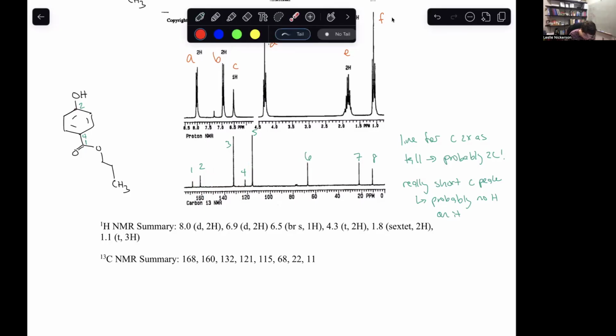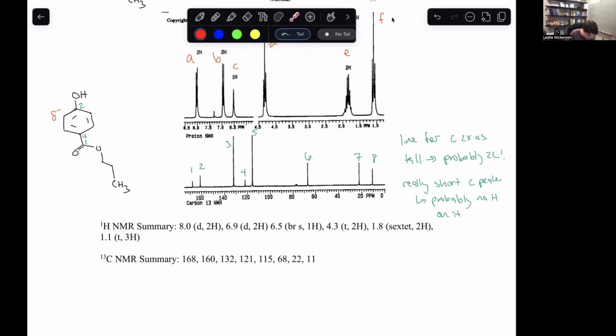And then when I'm looking at 3 and 5, I usually don't worry too much about differentiating there. But what you can do is think about the resonance that's happening and think about the fact that if I'm donating electron density in with that oxygen lone pair, I'm putting delta minuses on those carbons.